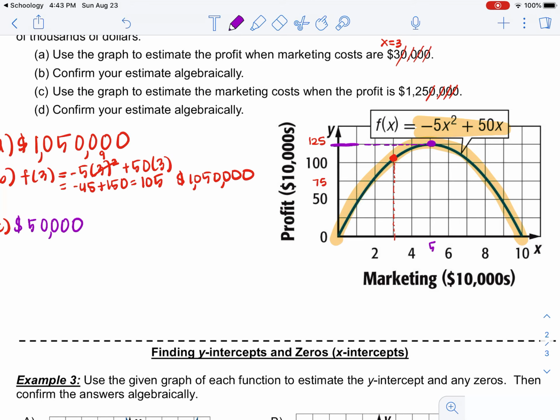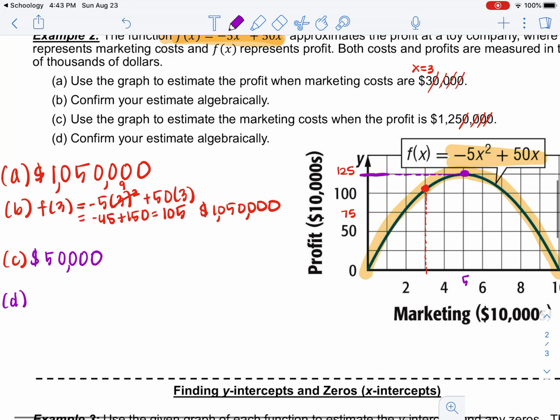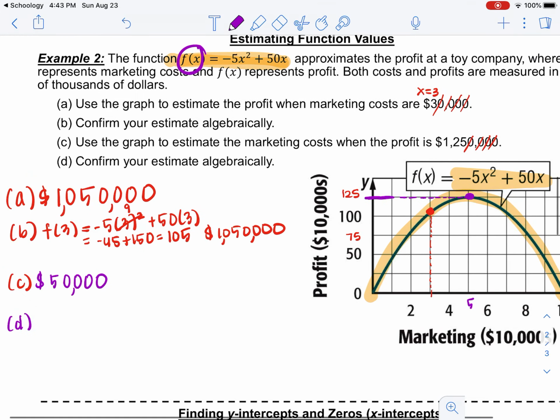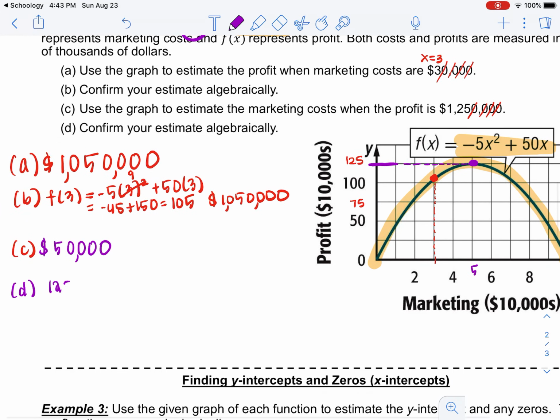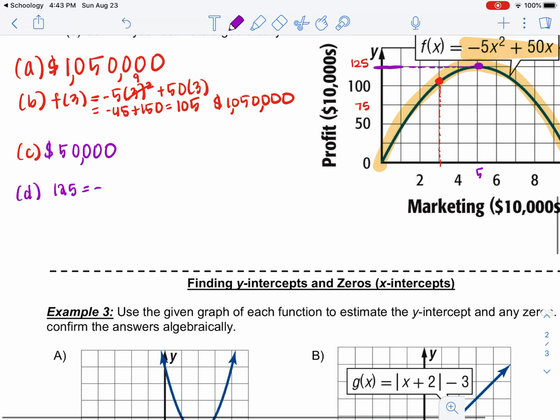All right, so now it says D, confirm your estimate algebraically. So let's do that. So when Y is 125, so when F of X right here is 125. So I'm going to do 125 equals -5x squared plus 50x. All right, now I need to solve this. It is a quadratic with an x squared and an x.